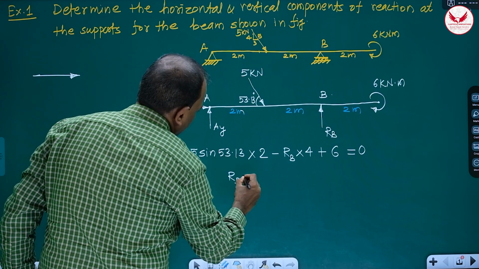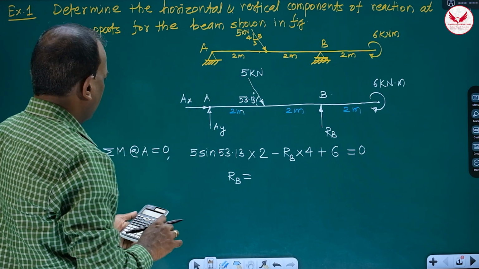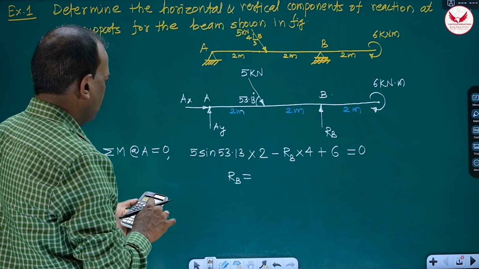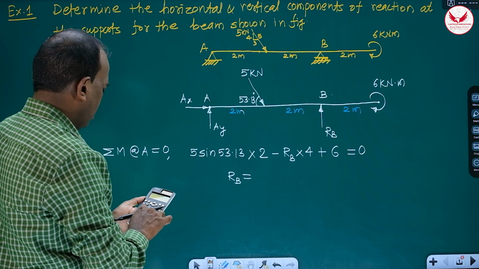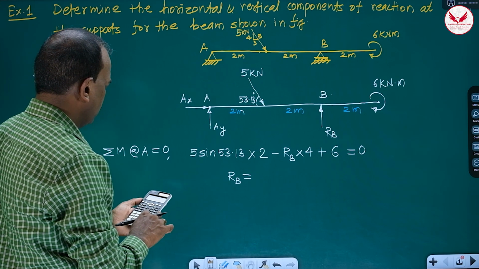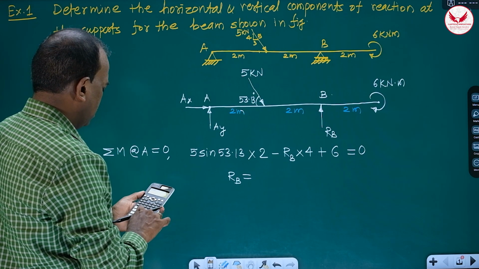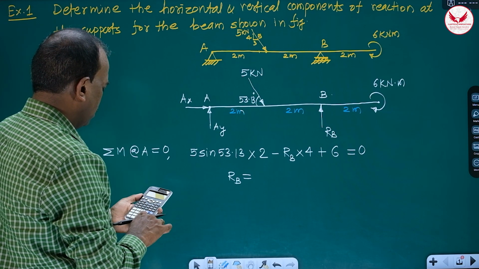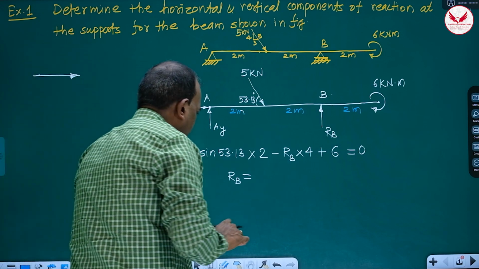RB is going to be 5 into sine 53.13 into 2 plus 6, divided by 4. 3.49 or 3.5.